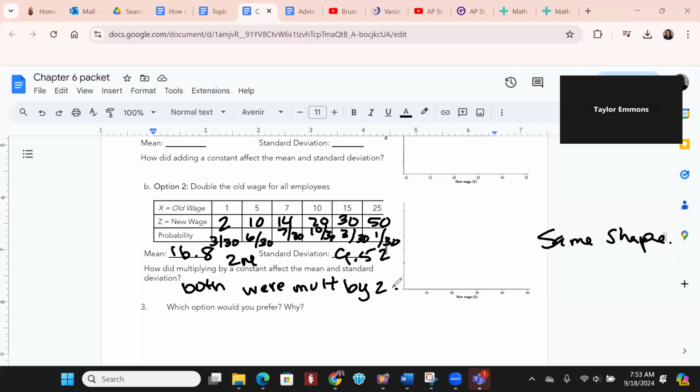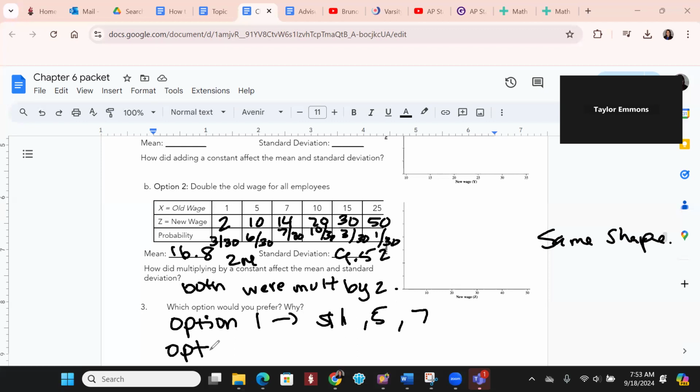All right, so which option would you prefer? Why? But I make more money on, like, if I'm making $1, I'm on option 1, right? Okay, so I would want option 1 if I was making $1, $5, or $7.